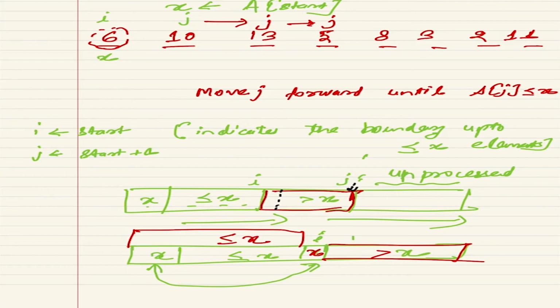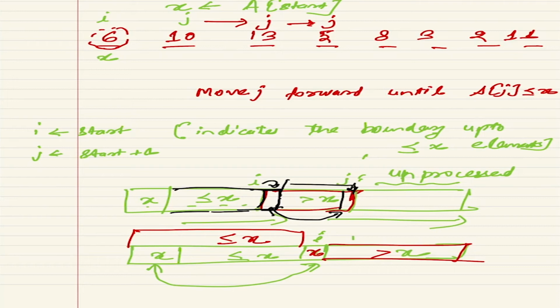So what I will do, because I can now increase this boundary, going up to here, put i here and swap this value with this one. In effect, this boundary will increase by this much, everything will be less than or equal to x, and from here to here things will be larger than x, and that will be resolved.